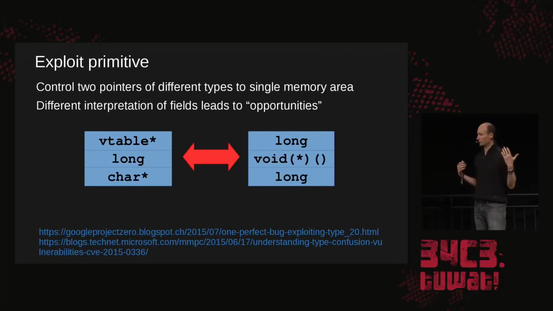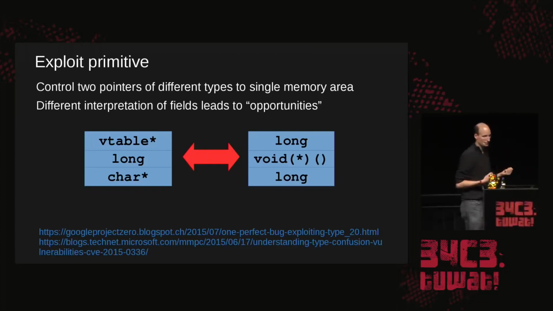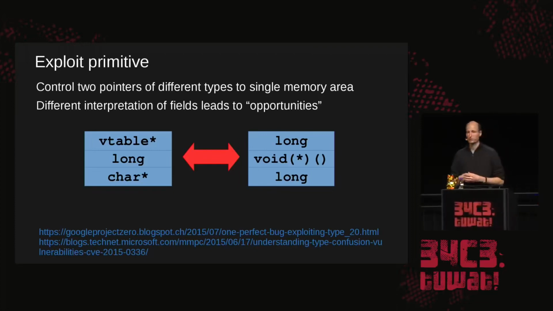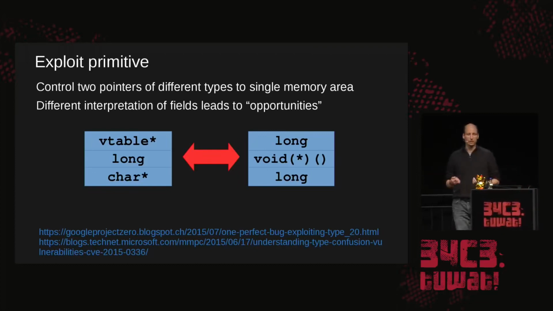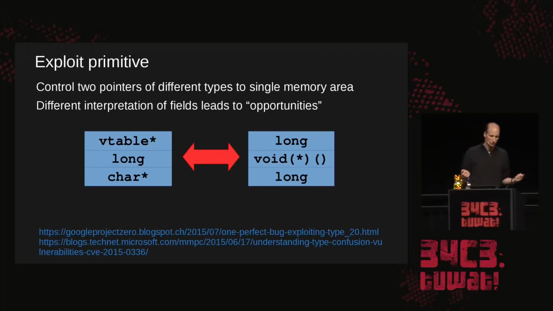And for example, in the first type the first entry is interpreted as a vtable pointer, while in the second type it is interpreted as a long, right? And if you use a setter for this long value, you can use it to overwrite the vtable pointer in the other view. So imagine that you're using the first view to set the vtable pointer, and then you're using the second pointer that you control as well, of different type, to dispatch on that pointer.